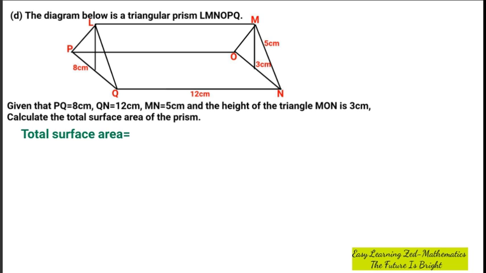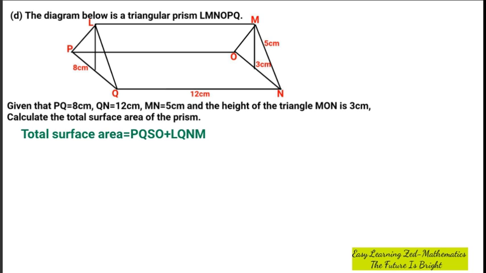Okay, so when we go to the triangular prism, we have got the surface which is PQNO, the base. Okay, so we have got that surface which we are going to write, and then we have also the face which is LQNM, and then we have also the surface which is PLMO.